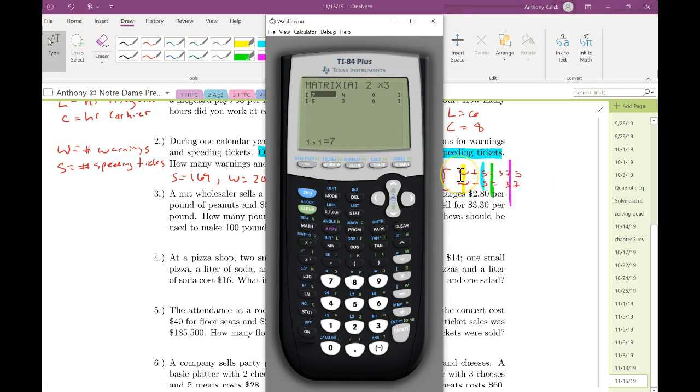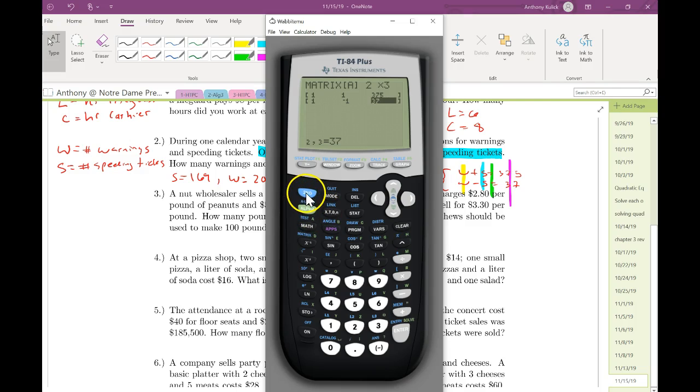So the first one has coefficients 1, 1, and 375. So 1, 1, 3, 7, 5. The next equation has coefficients 1, negative 1, and 37. So 1, negative 1, and 37.